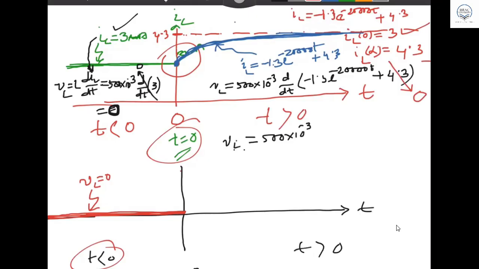But the rest of the part is coming here, as a minus. I'm going to do this, minus 1.3 into minus 20,000, into e to the power minus 20,000 t, and the plus 4.3 is a constant, so the derivative of the constant will be 0. Do you got my point?